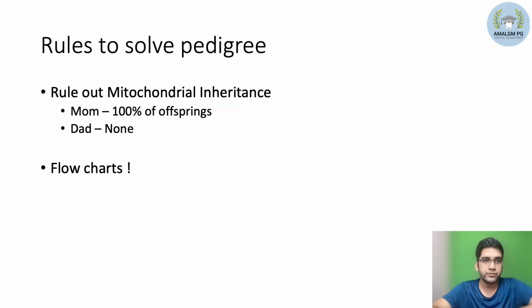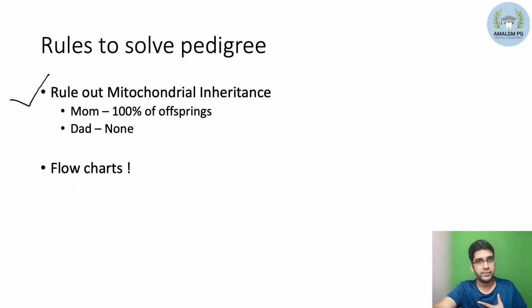So see here, I'm having rules to solve a pedigree. This is my first rule. For any pedigree given to you, I want you to always look for mitochondrial inheritance. This should be the first and the cardinal rule. Do not miss this. If you miss this, you might go wrong, right? To prove something is mitochondrial, see, mitochondrial is maternal.